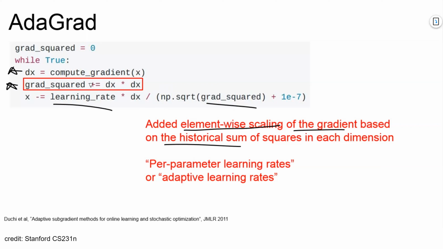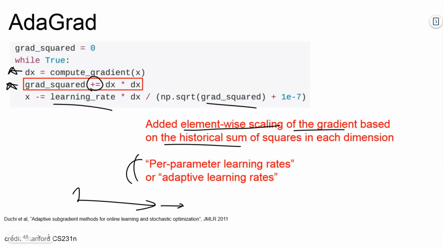As you can see here, we're just adding up these gradients again and again. This makes the update size for each dimension become even. You can also think of it as per-parameter learning rates or adaptive learning rates. If it updated quite a lot in one direction, then in this direction the learning rate will become smaller.